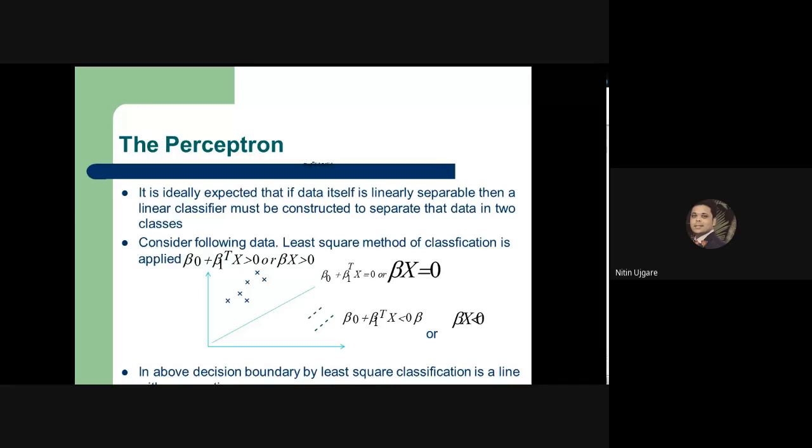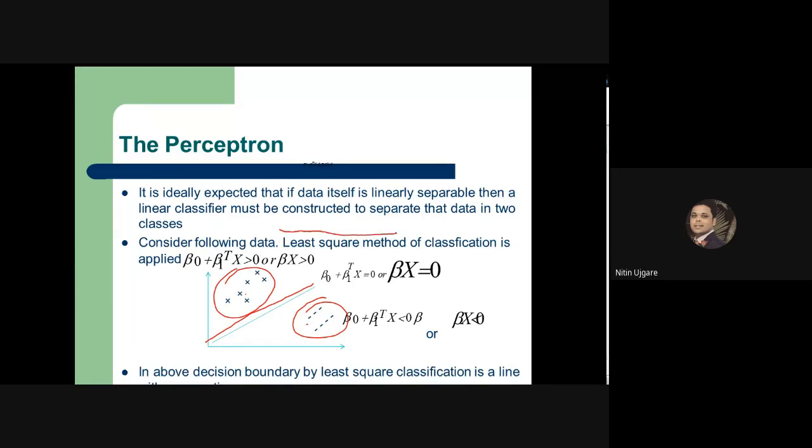Now consider these two data in this figure, and let's assume that we have been using a least square method for classification applied to this problem. These instances belong to the positive class, these instances belong to the negative class, and this is a decision boundary. Now, how would I achieve this decision boundary? To achieve it, we have used this least square method.